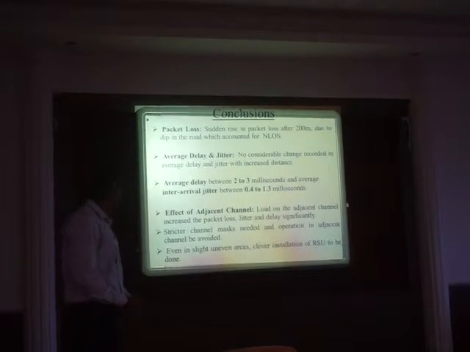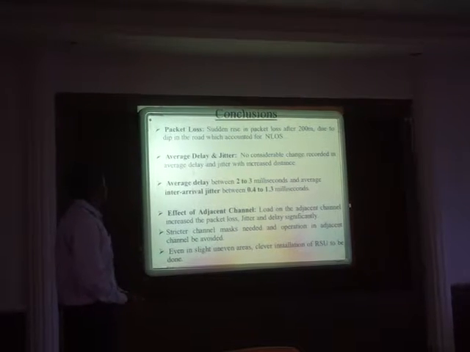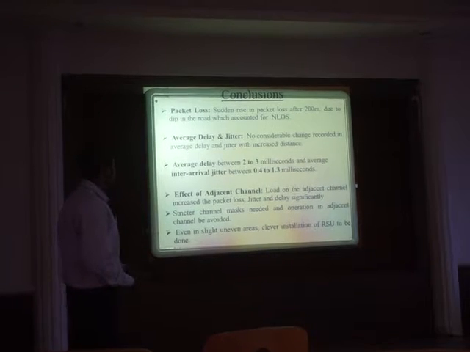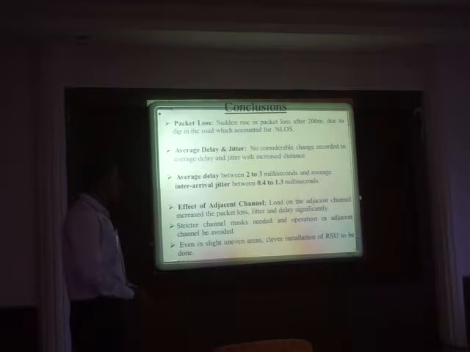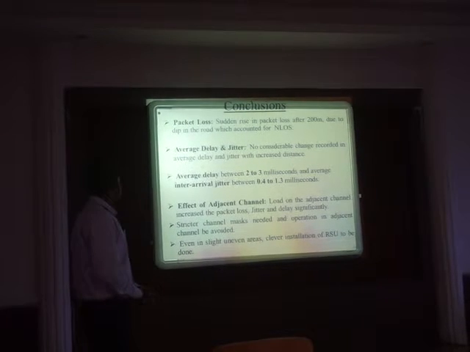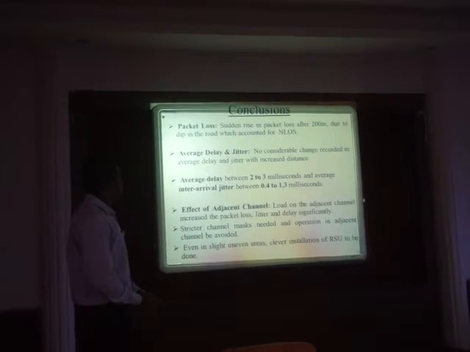So the conclusions that we made: there was a sudden rise in the packet loss after 200 meters. That was due to the dip in the road, which created non-line of sight. Next, the average delay and jitter: there was no considerable change recorded.